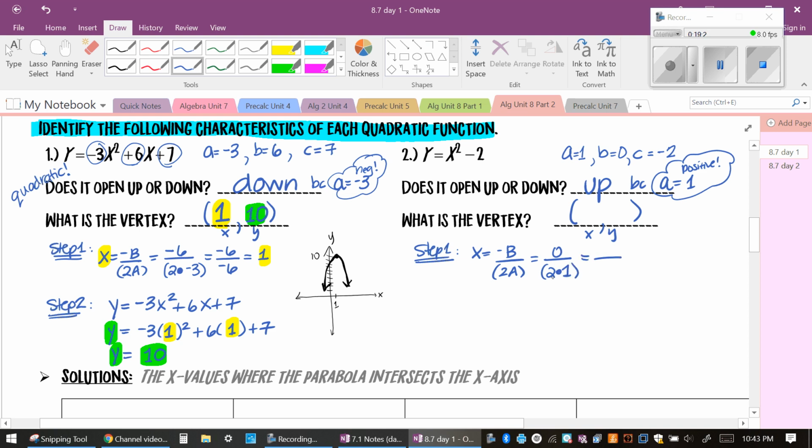Do the bottom part, 2 times 1, that's the denominator. 0 divided by 2 is 0. So my x value is 0. Now I substitute that into my equation to find its partner. X is 0. What's the y value? Substitute 0 in for x, put it in your calculator or do it in your head, and you should get negative 2.